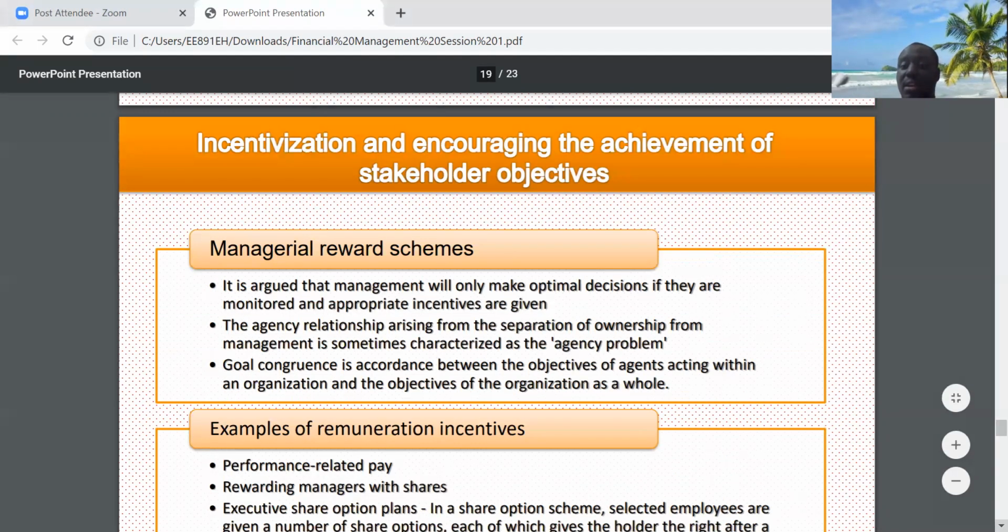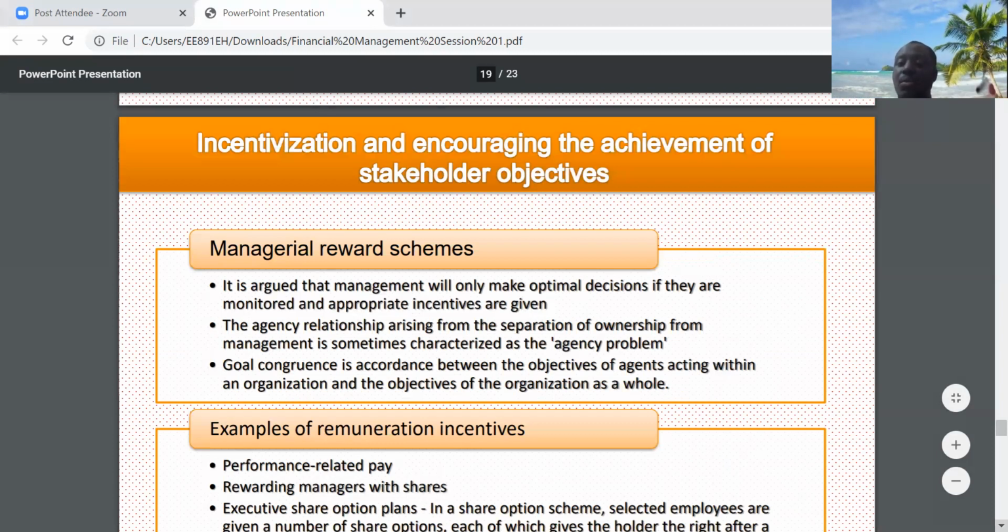Generally, that's how human beings behave. The agency relationship, which we talk about in our strategy class extensively, arises from the separation of ownership and management. So we know that the owners are the principal and the agents are the managers.